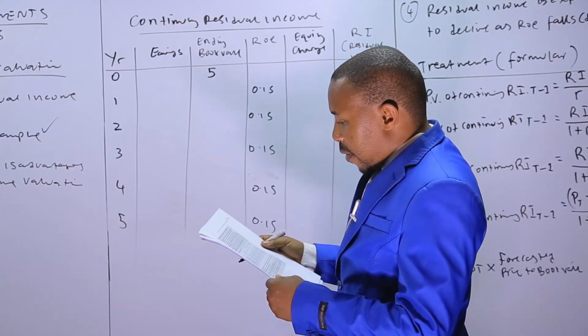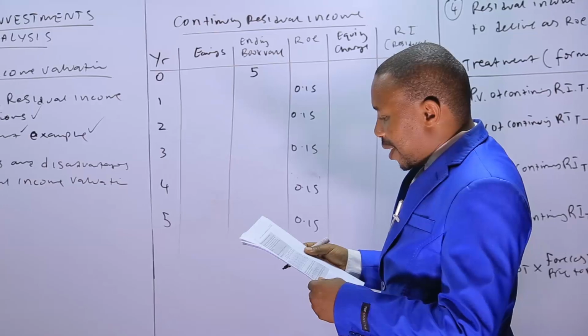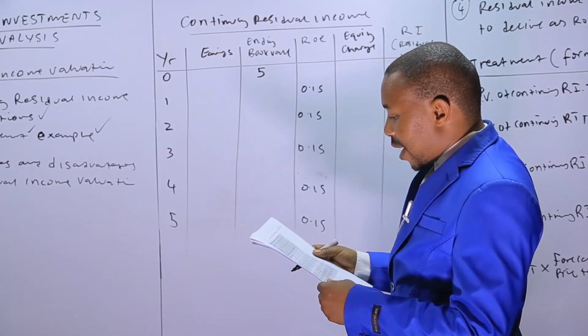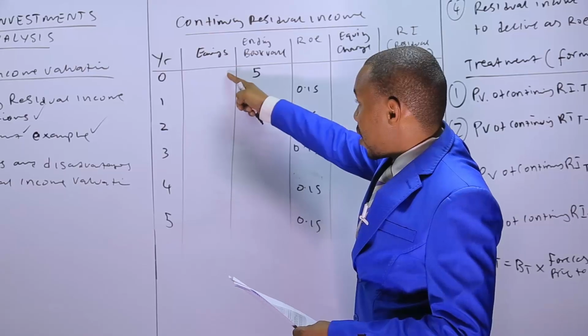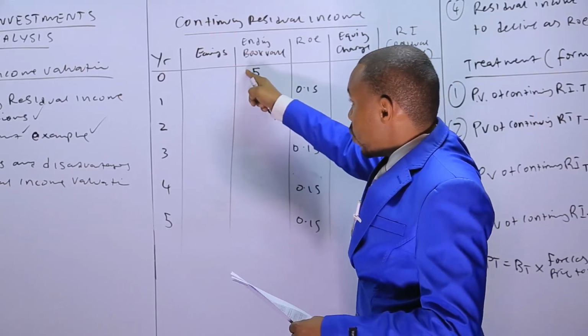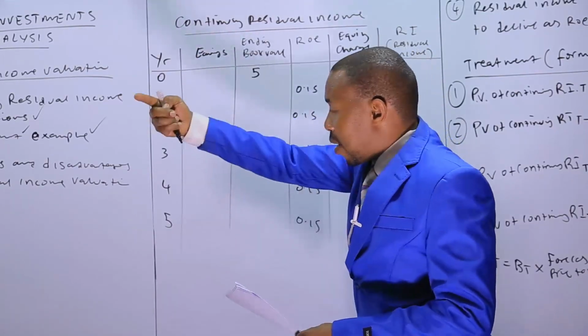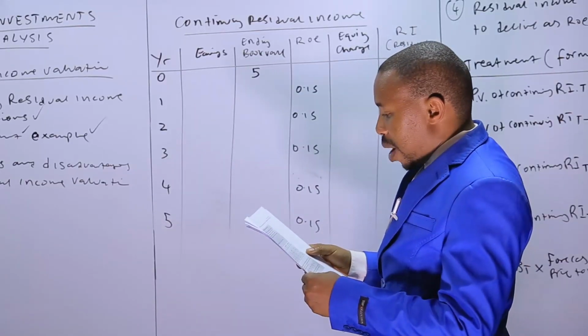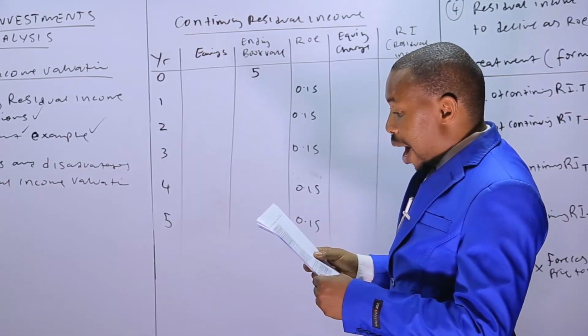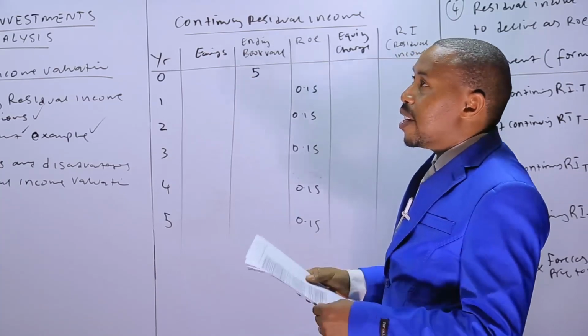Now the required return on equity is 10%, and we've been told that the forecasted earnings in years 1 through to 5 are equal to ROE times the beginning book value.